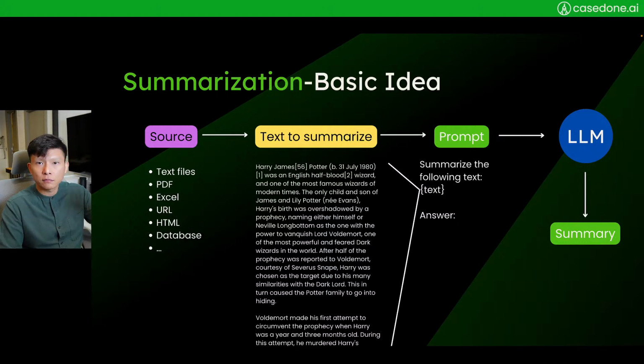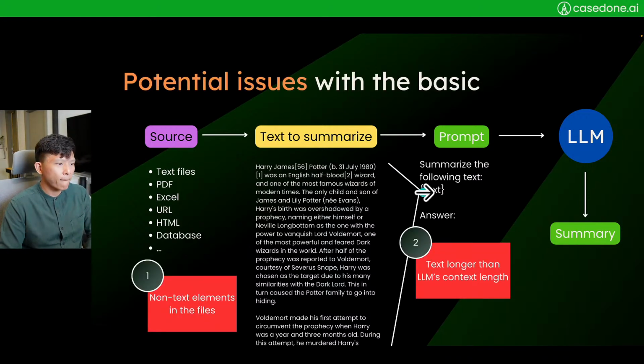You have a source, you load it into text, and you craft a final prompt with the text you want to summarize embedded in there, and then you give this prompt to the LLM. Simple, but there are two main issues here.